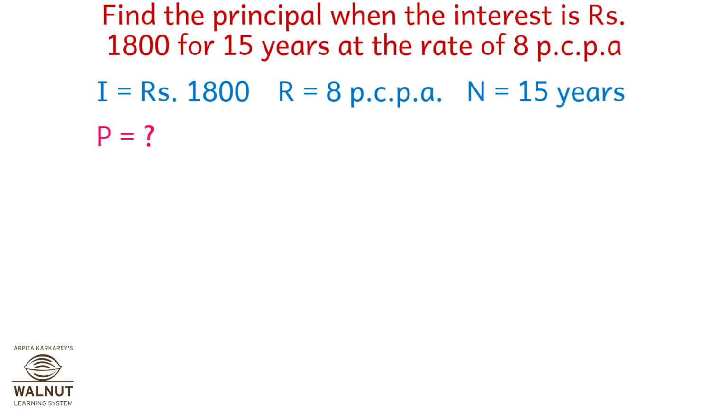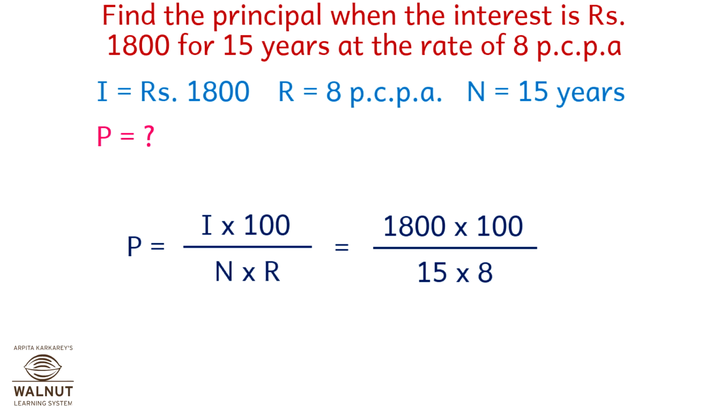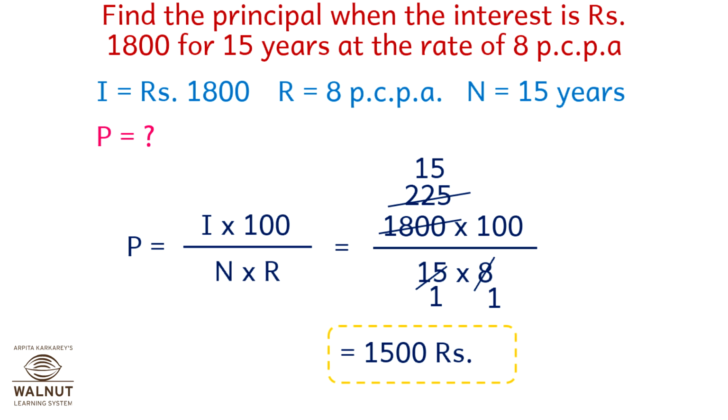The principal is interest into 100 upon N into R, which is equal to 1800 into 100 upon 15 into 8. On solving it, we get the answer as 1500 what? Rupees. That's right. So the answer is 1500 rupees.